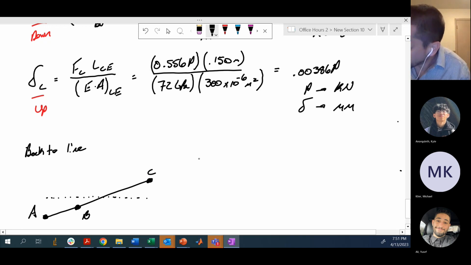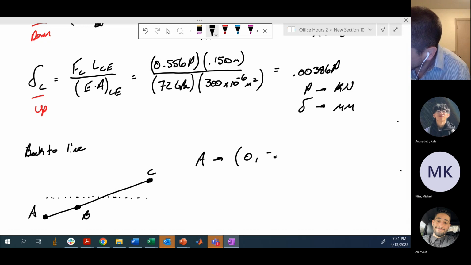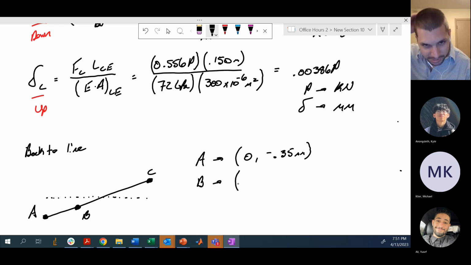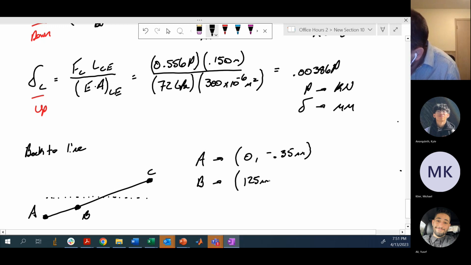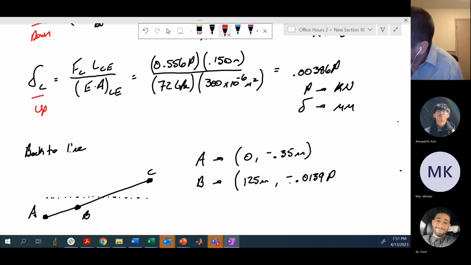Point A, like we said before, had a coordinate which is 0, negative 0.35 millimeters. Point B has an x-coordinate of 125 millimeters, and it is moving down by an amount of negative 0.0139 P. So now you see why it was important for me to define that this load will be defined in millimeters.